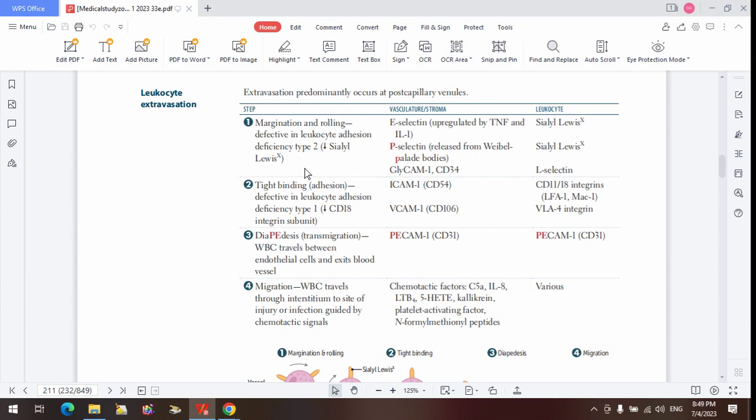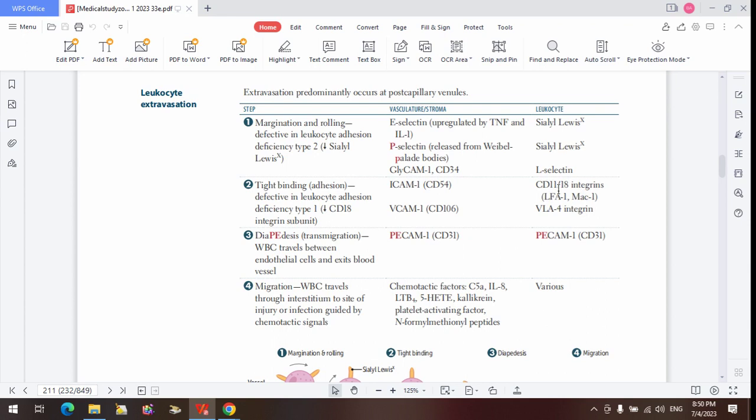LFA1 is CD11A/18. MAC1 is CD11B/18. Both of them contain CD11. It's just whether that 11 is A or B that separates them. So LFA and MAC both code for the CD11-18 integrin, and they interact with the ICAM.